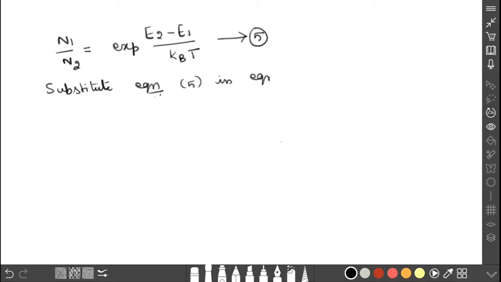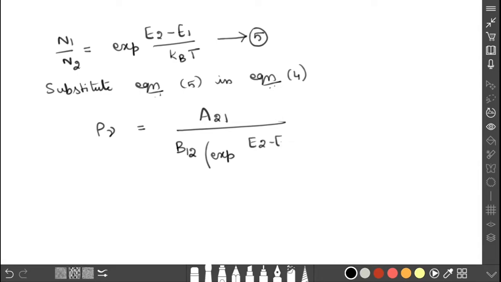So what is equation 4? Equation 4 is nothing but rho nu is equal to A21 divided by B12. In the place of N1 by N2 I have to write this, so exponential of E2 minus E1 divided by KBT, minus B21.